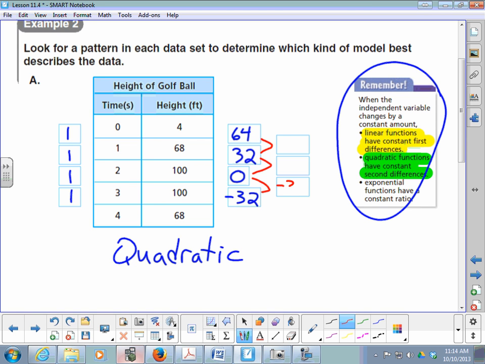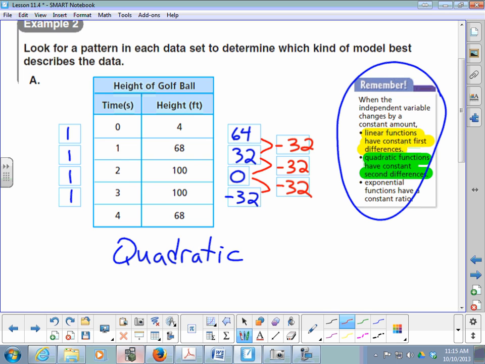Negative 32. What's 0 minus 32? Negative 32, right? The sign matters. And 32 minus 64? Since the second differences are the same, I have verified for sure that this is a quadratic function.